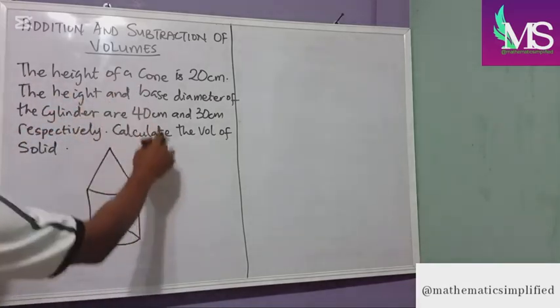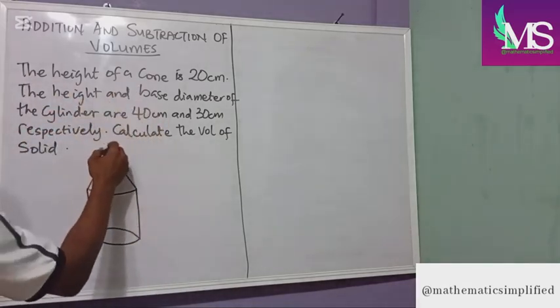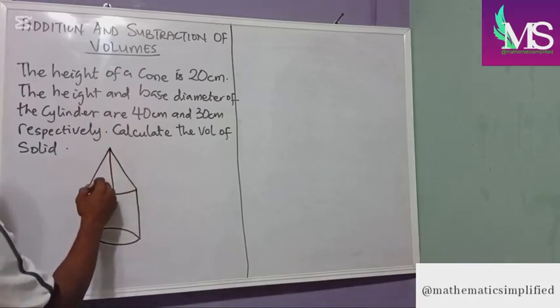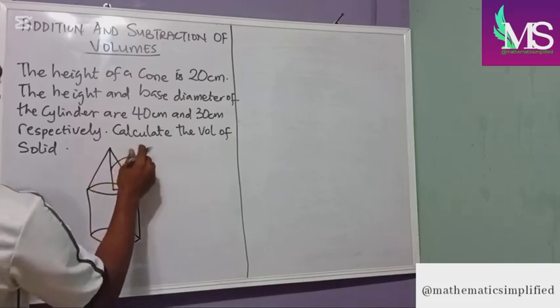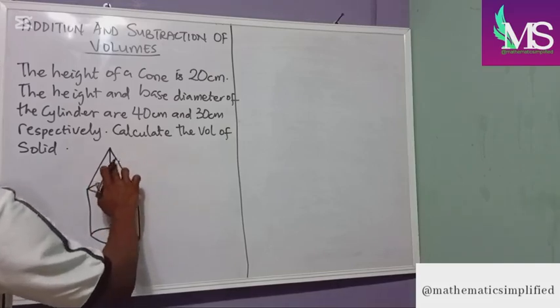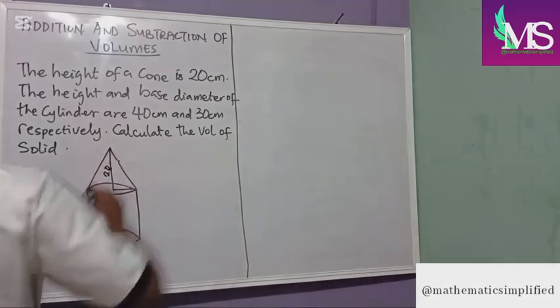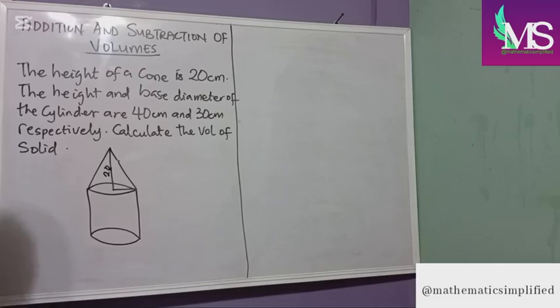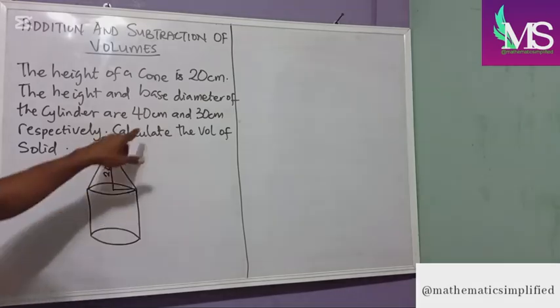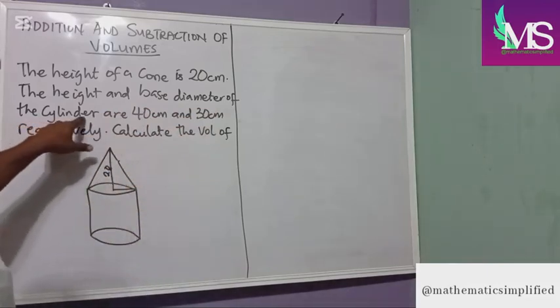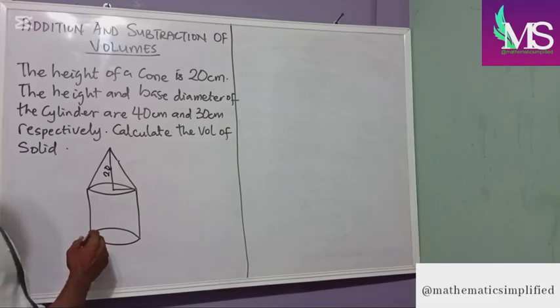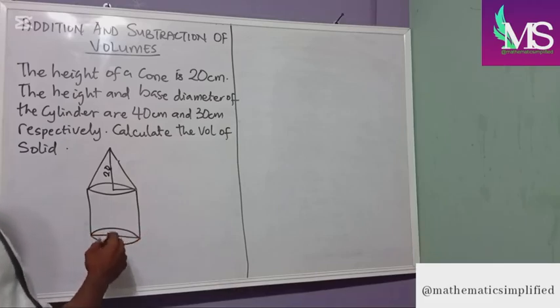A cone of 20 cm height, that's the height of the cone. Then they say the diameter of the cylinder is 40 cm.